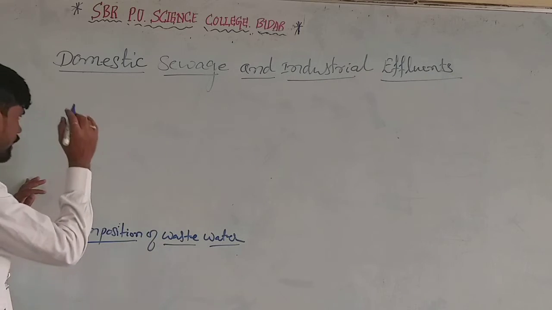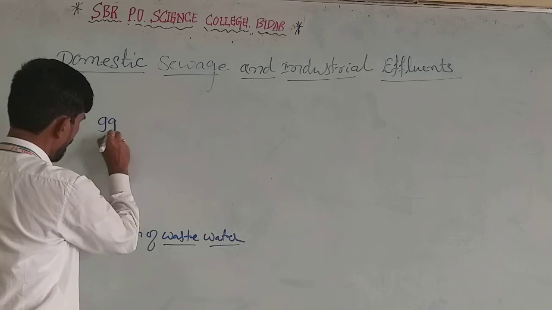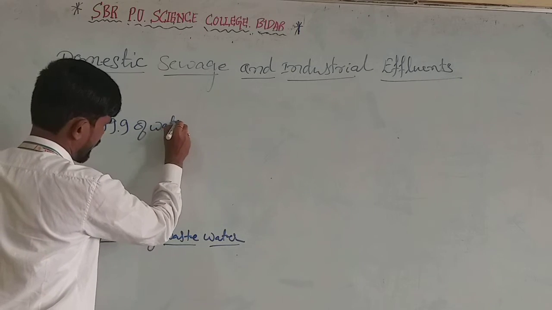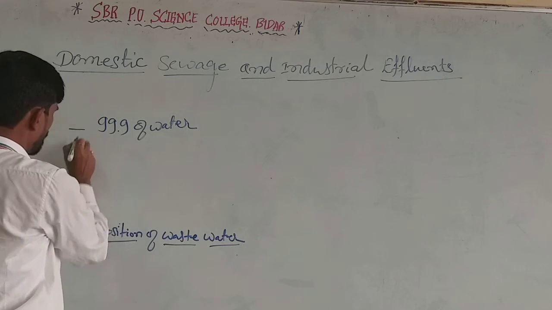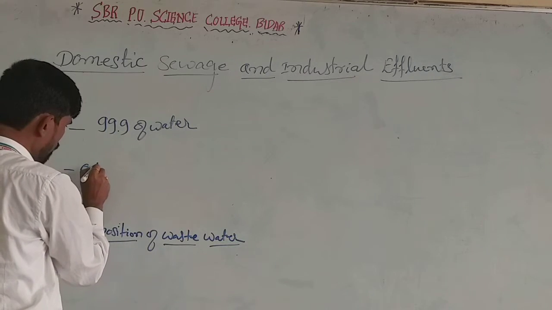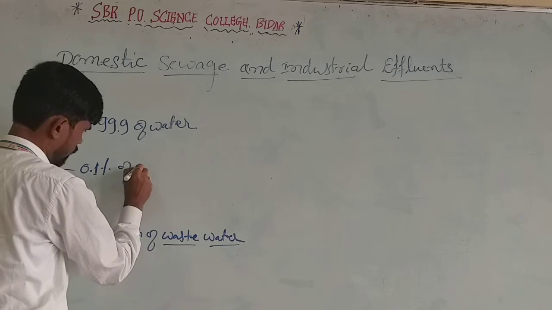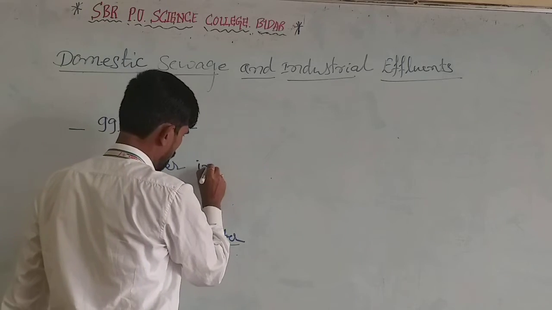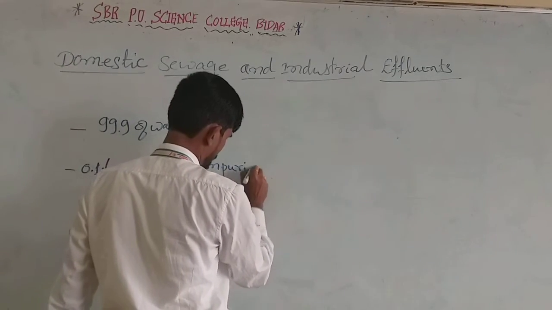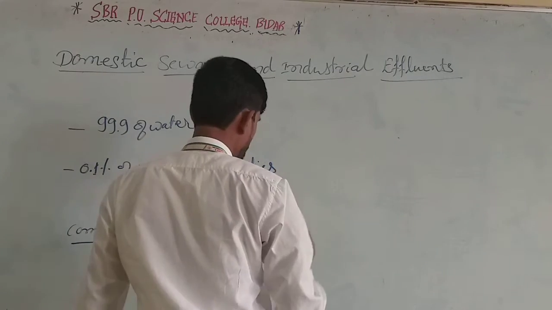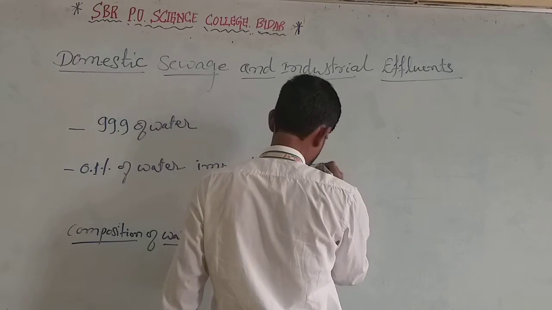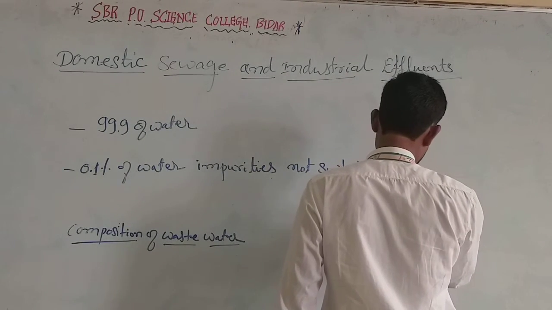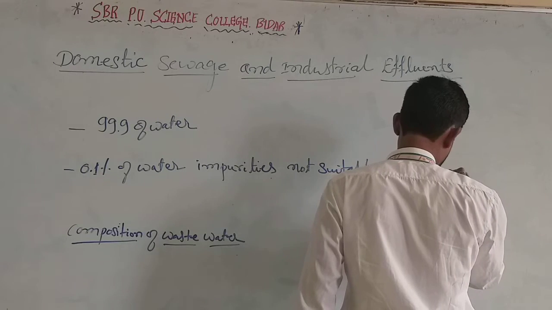So 99.9% is water, and 0.1% is impurities not suitable for human usage.